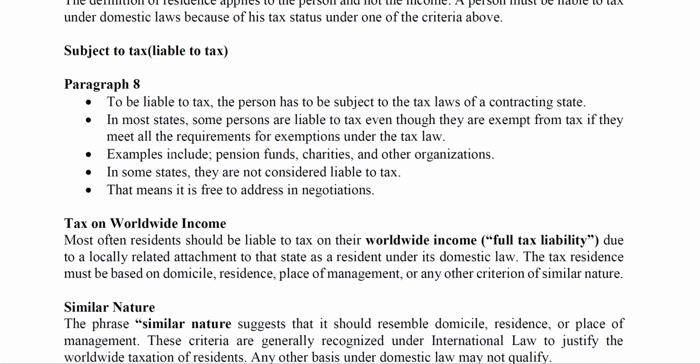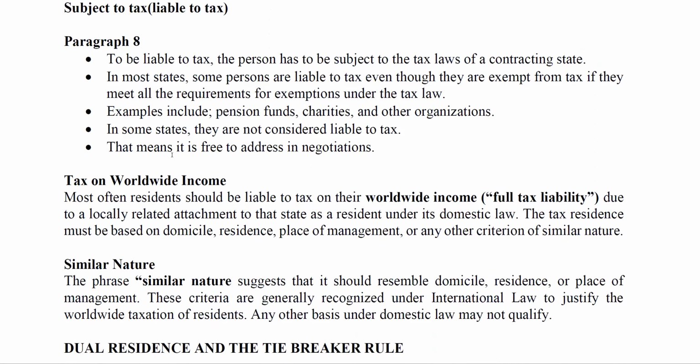Are we okay? So when we say subject to tax, you must be subject or liable to tax under the domestic law. So to be liable to tax, you have to be subject to the tax laws of a particular contracting state. You must remember that in most states, some people are liable to tax even though they are exempt from tax, if they meet some requirements under the law.